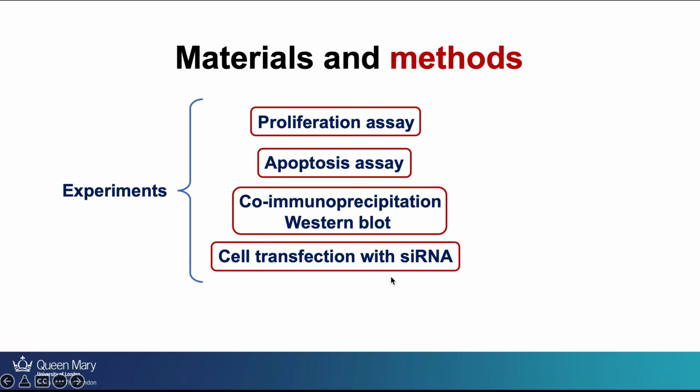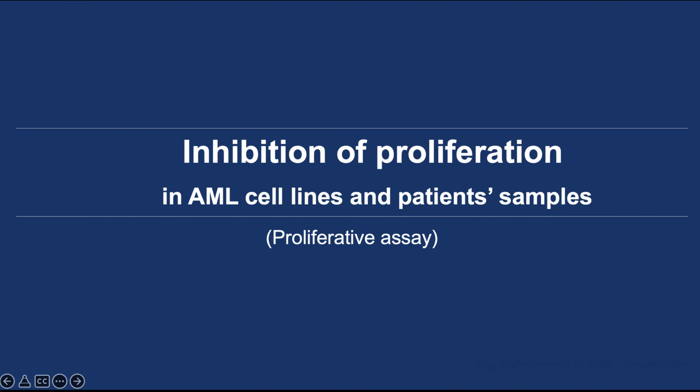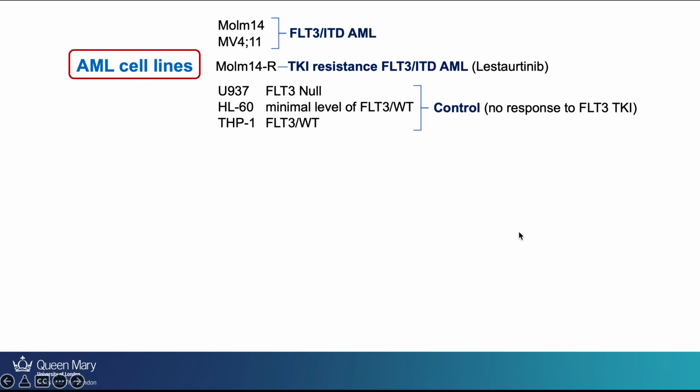Looking at the first experiment, the proliferation assay of cell lines and patient samples. The AML cell lines include FLT3-ITD AML, FLT3-TKI resistant FLT3-ITD, and a control which has no response to FLT3-TKI.